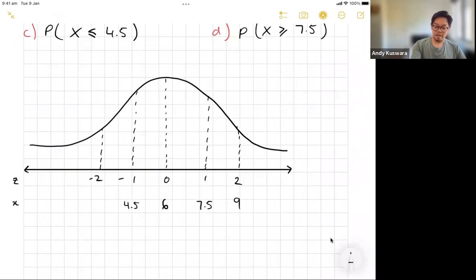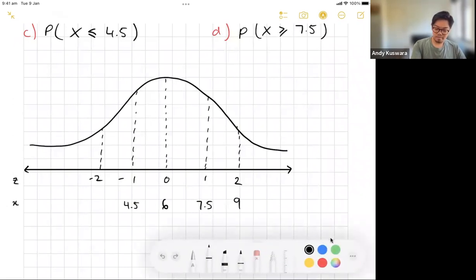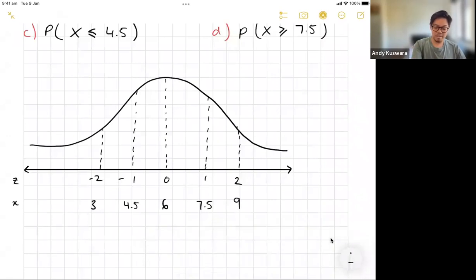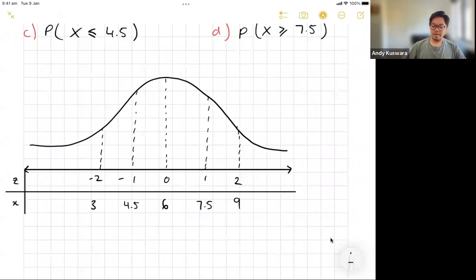And then for -2, it will be a score of 3 in this case. Oops, not -3, just 3. Hopefully you can see how the Z scores and the actual scores relate, how they interact with one another and how that affects the curve.